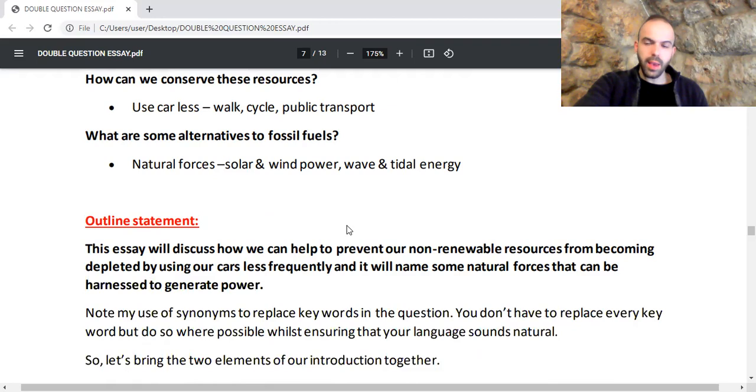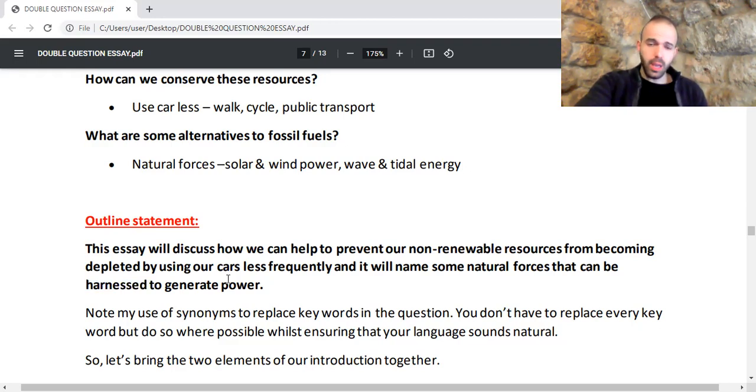So now let's see the outline statement. This essay will discuss how we can help to prevent our non-renewable resources from becoming depleted by using coal less frequently, and it will name some natural forces that can be harnessed to generate power. Harnessed means utilized or used. Okay.